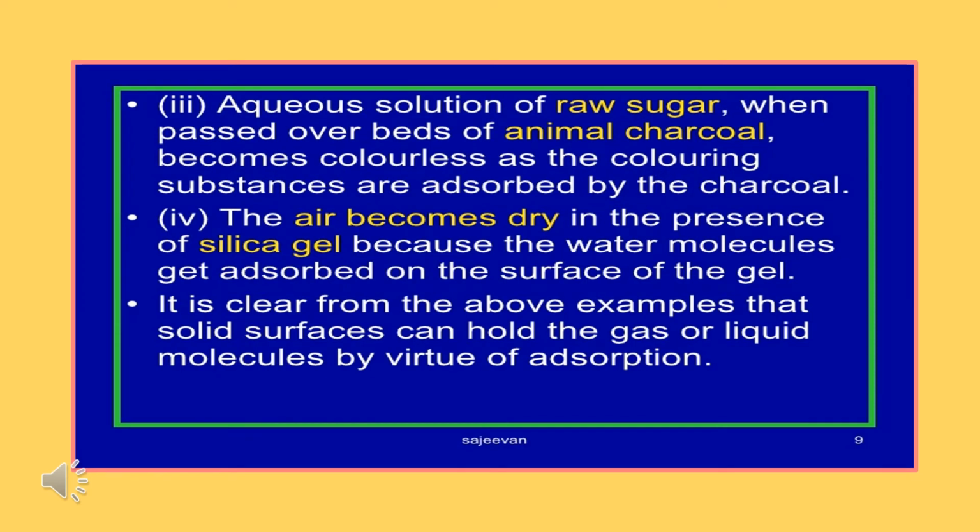Some more examples for adsorption are the aqueous solution of raw sugar when passed over the beds of animal charcoal becomes colorless as the coloring substances are adsorbed by the charcoal. And the other one is the air becomes dry in the presence of silica gel because the water molecules get adsorbed on the surface of the silica gel.